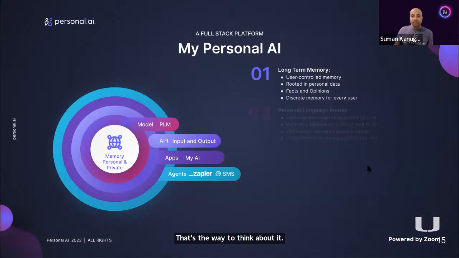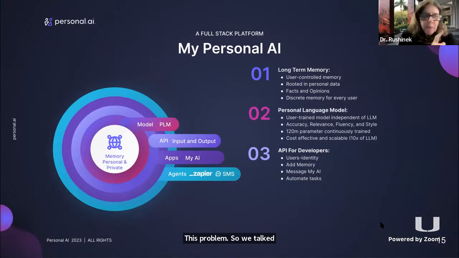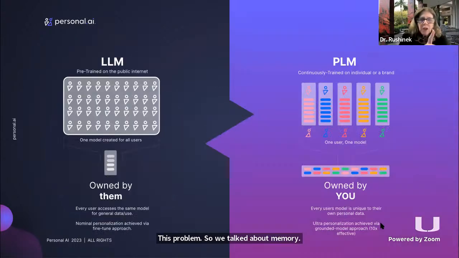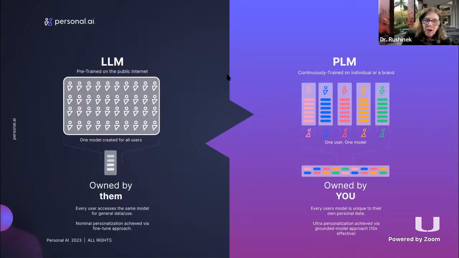So we talked about memory. Let me just interrupt here. If you go back to that past slide, if we look at this, my large language model, let's say it's owned by OpenAI or Google, it's the same thing as when I use Google and I search. And you see in commercials, for instance, what are they calling it?